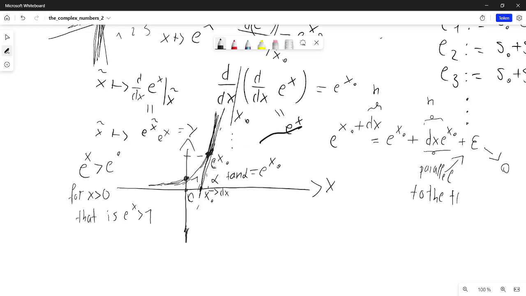We are only interested in the slope of a function. So we take this at this value and we go like that, right?